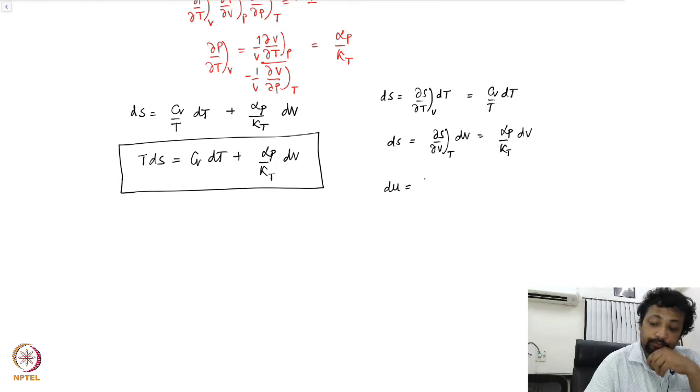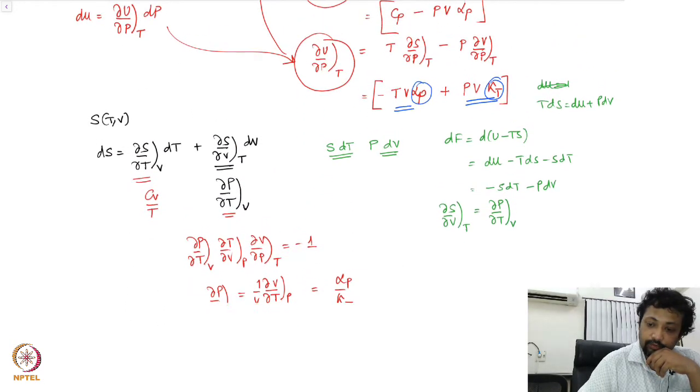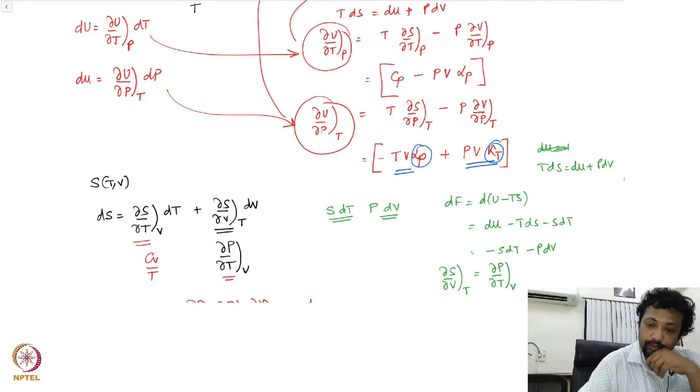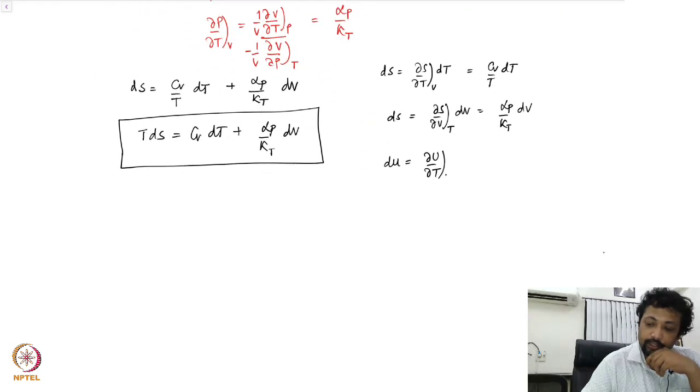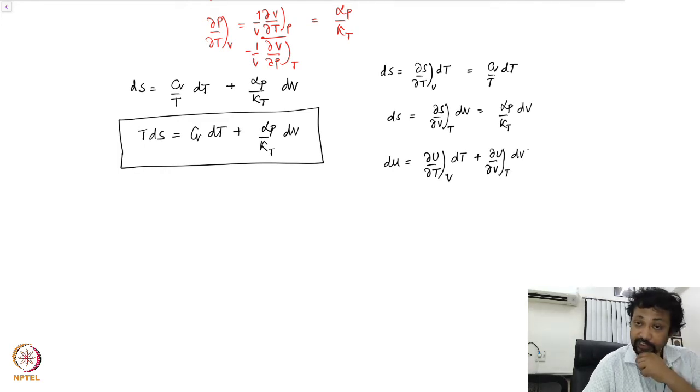du again here is del U del T. I'm looking at T and V, volume. What did we do here? Okay. So del U del T volume held constant dt plus del U del V temperature held constant dV, correct? So du is TdS minus PdV.